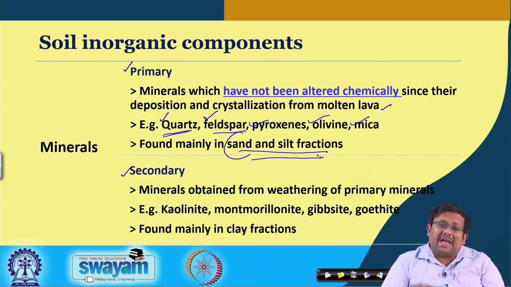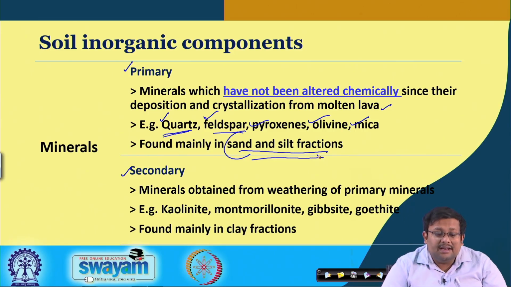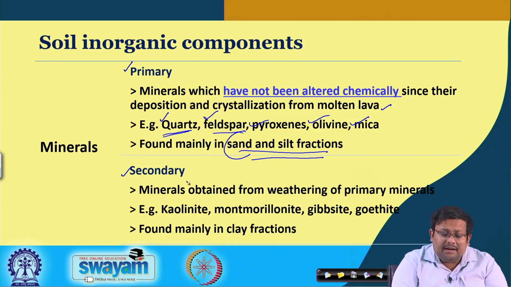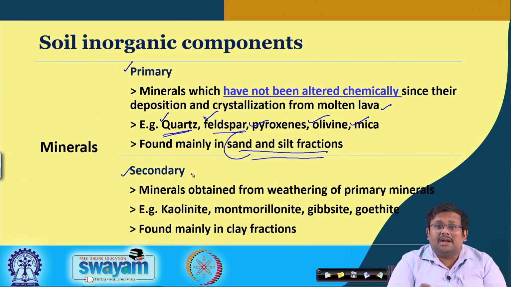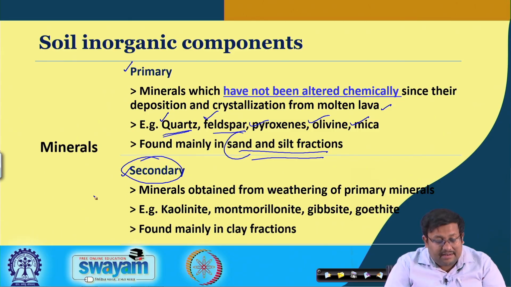Now, when this primary mineral, due to different types of chemical processes and other processes, changes its chemical structure, then it is called a secondary mineral. Now, remember the important soil separate clay is basically composed of these secondary minerals.